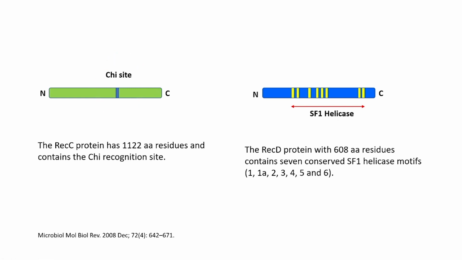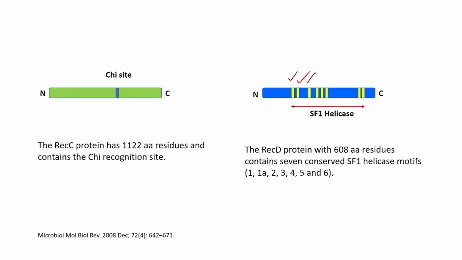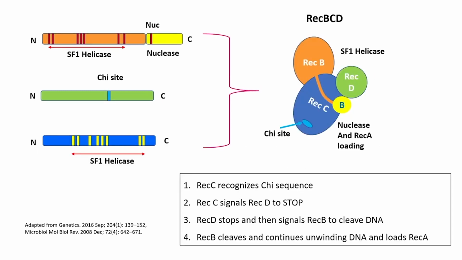The RecD protein has around 608 amino acid residues, and it contains 7 conserved SF1 helicase motifs, as in the case of RecB, and you can see those in the yellow color strips in this diagram. So, we now know that RecB is a modular protein having helicase and nuclease activity, RecC is having the chi site, and RecD is again having the helicase activity.